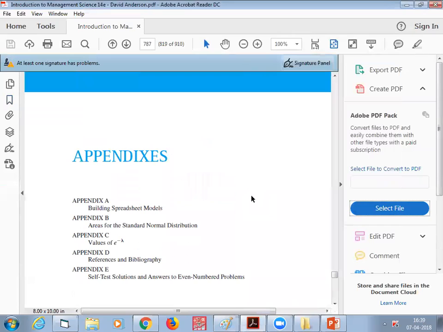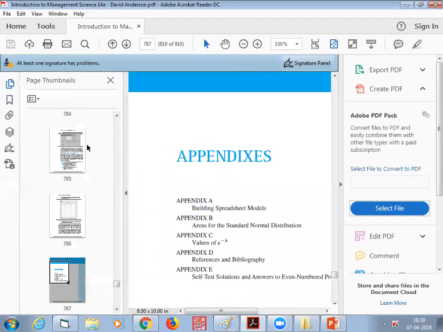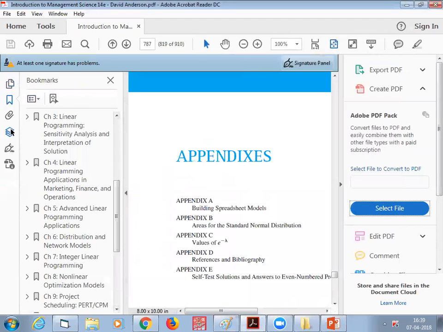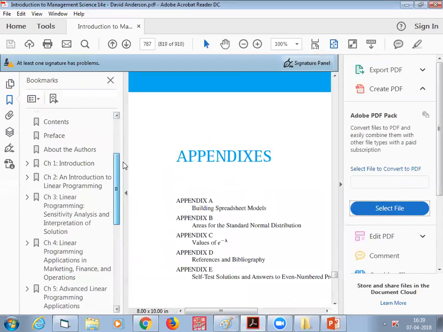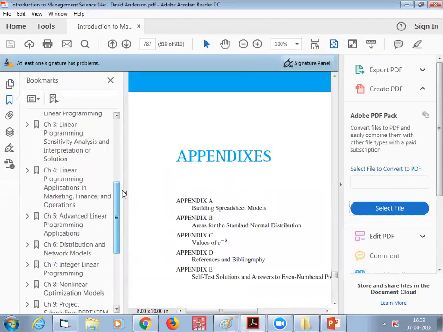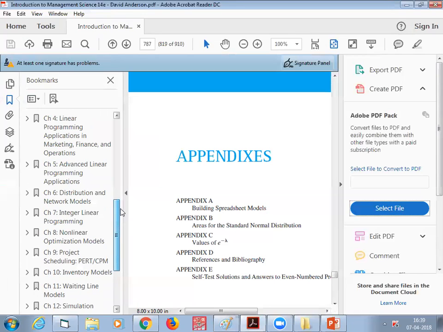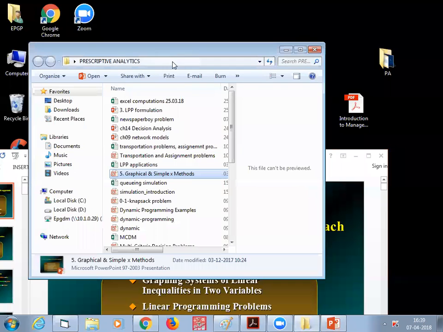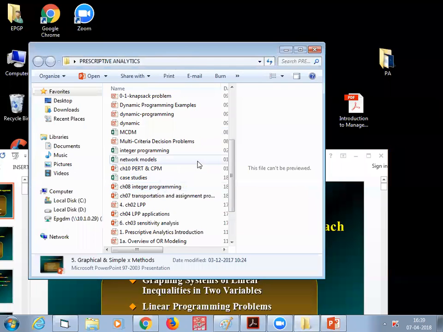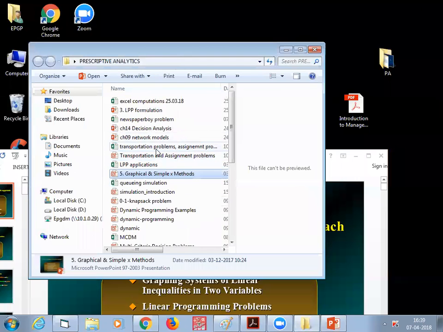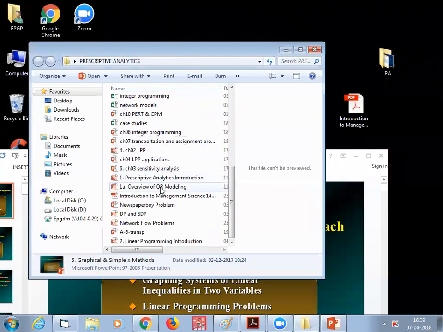No, this is not what I want. Sorry, that's wrong. It's in one of these. Okay, 1 second. Or maybe it's in this version of the book.